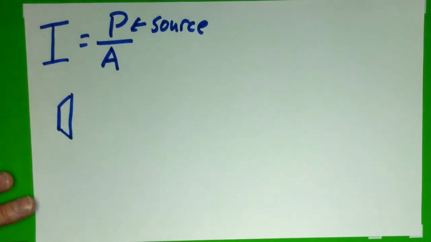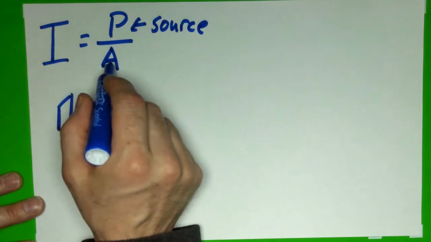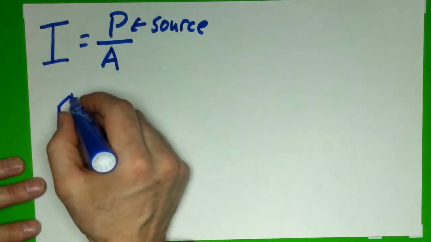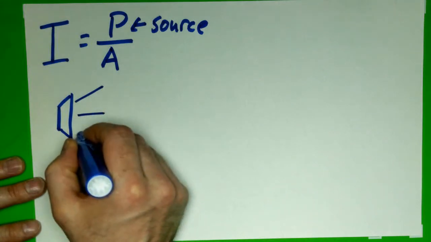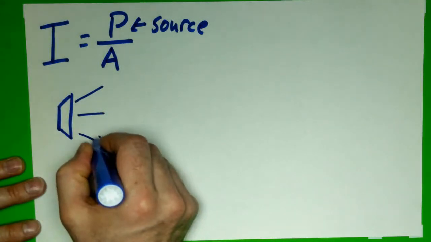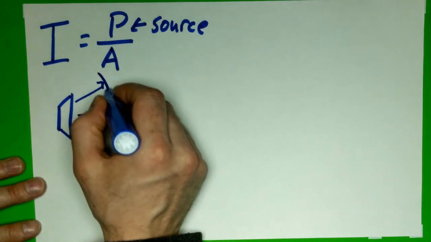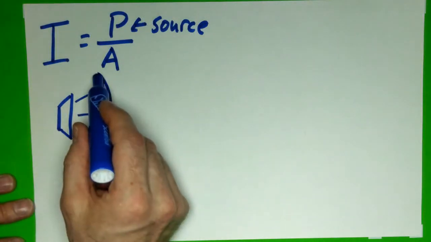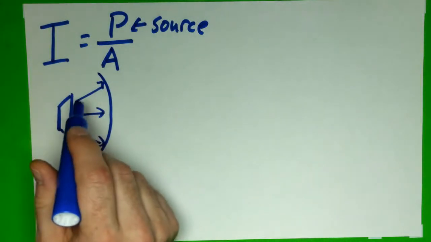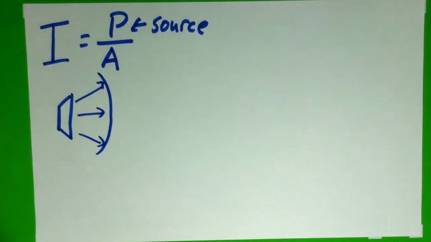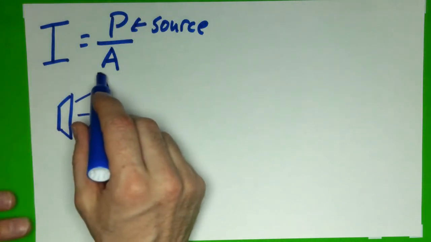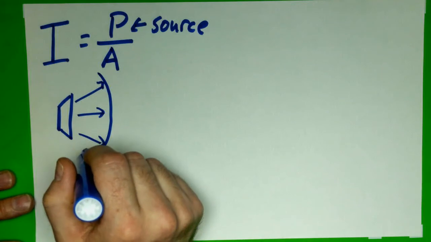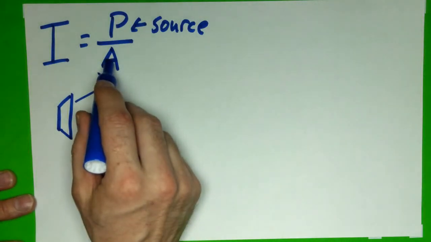All right. Now the intensity though depends on the area at which this power is being dissipated. So as I think about the sound waves coming out of here, they go out in all directions, and close to the speaker I could draw a circle around the speaker, and the area of that circle would be pretty small, and so that power went out to the surface, and then the intensity at that point is fairly large because the circle area is pretty small.